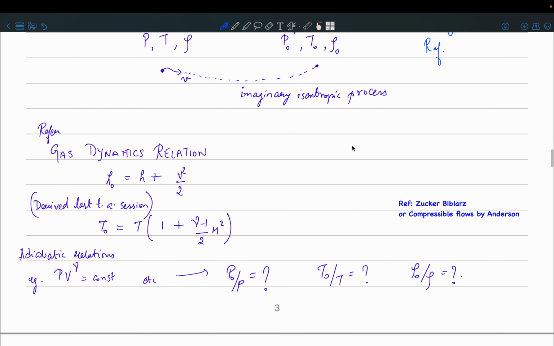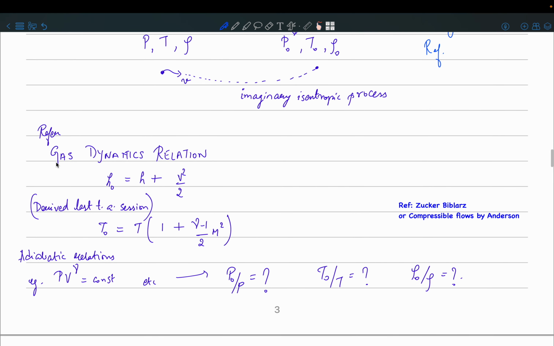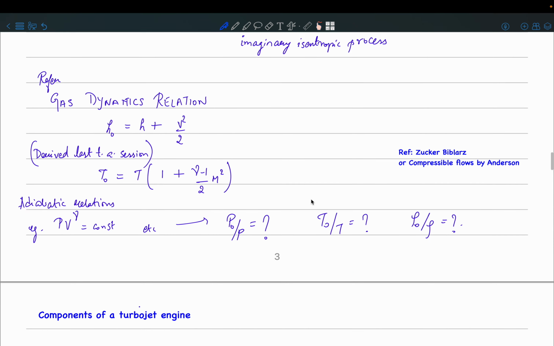And we derived this equation. We started with the gas dynamic relation that we know, that stagnation enthalpy is equal to static enthalpy plus v square by 2. In the last session we derived the relation between the stagnation temperature and the static temperature. You can refer to these books, Zucker and Biblarz, or the book on compressible flows by Anderson, for looking into the gas dynamic relations.